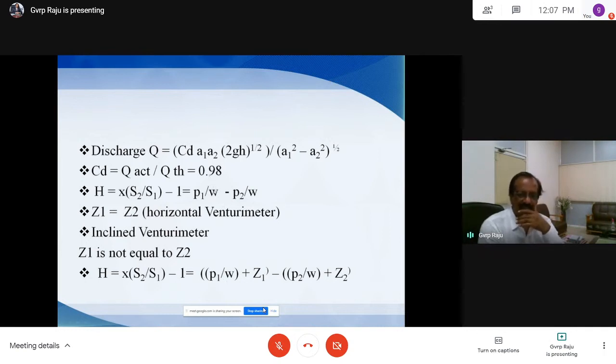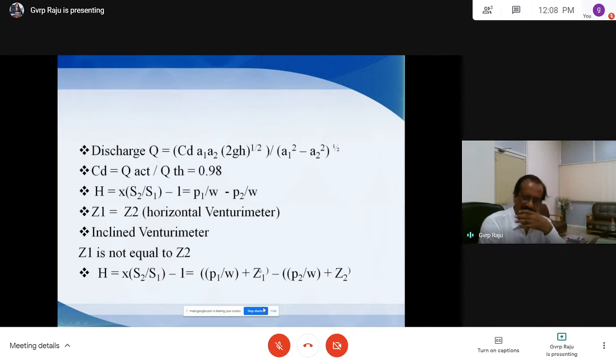So here the pressure difference was only P1 by W minus P2 by W. Now it is P1 by W plus Z1, which is the piezometric head at point 1, and P2 by W plus Z2 is the piezometric head at point 2; pressure head plus datum head is piezometric head. We have discussed that.